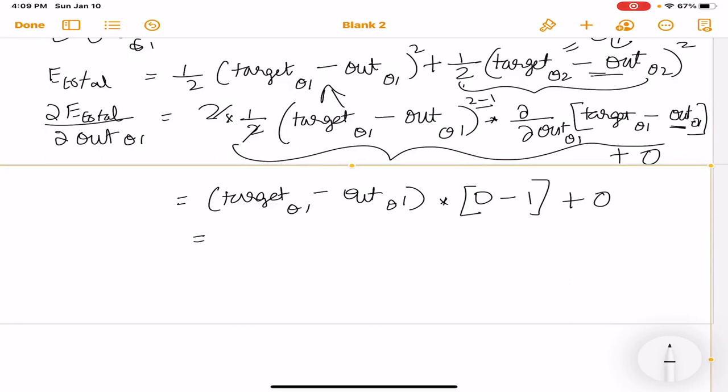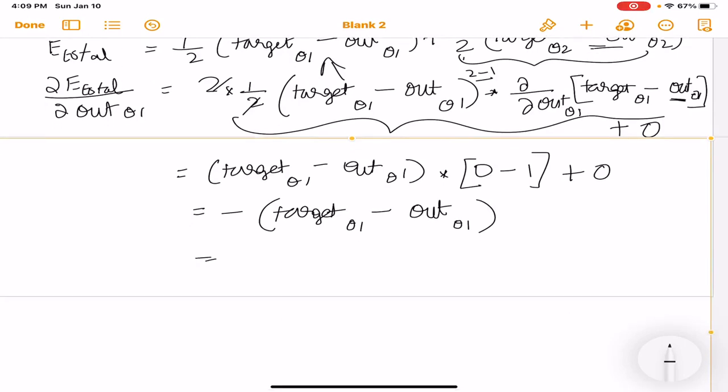So it is nothing but minus of target O1 minus out O1, which is equal to minus of target O1, which is the actual value of output O1, which we know is 0.01, minus out of O1.